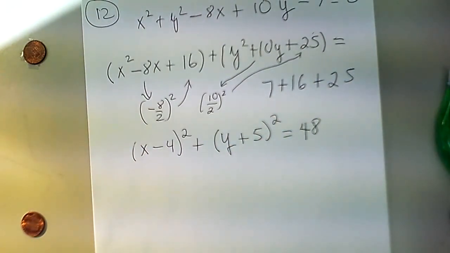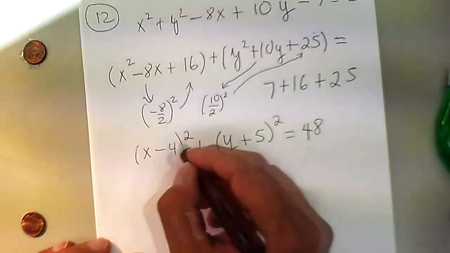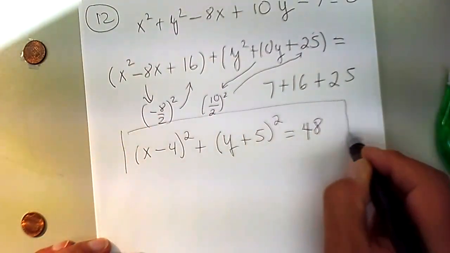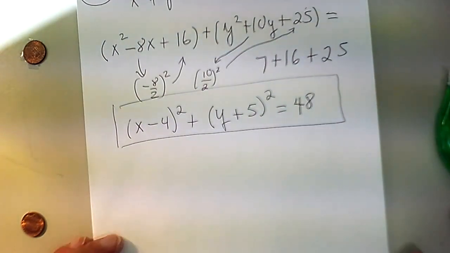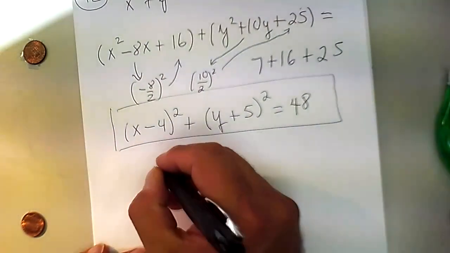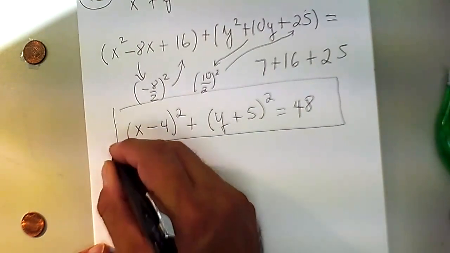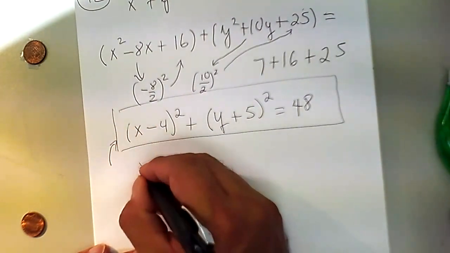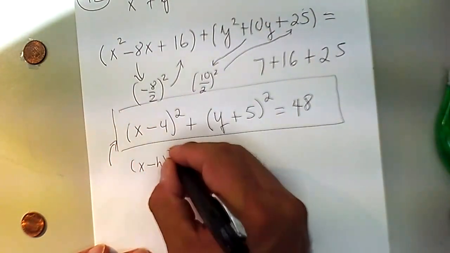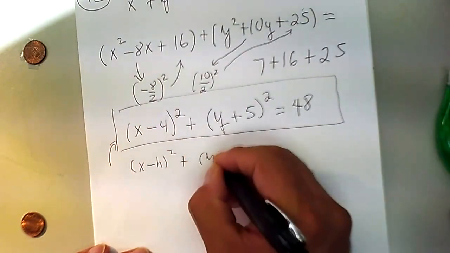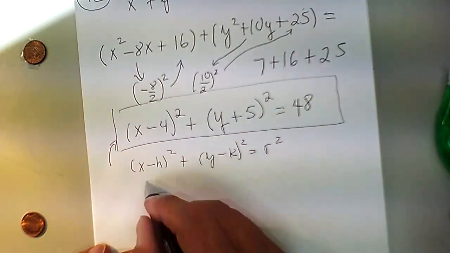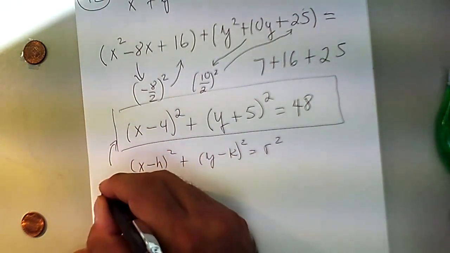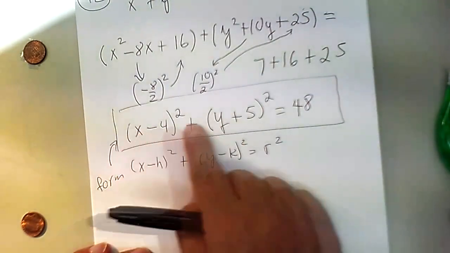Okay, so there is the equation. For lack of a better name right now, I'm going to call this the form x minus h squared plus y minus k squared equals r squared.